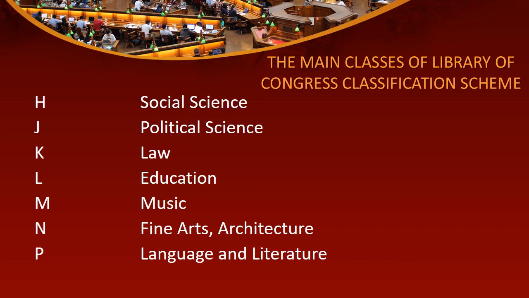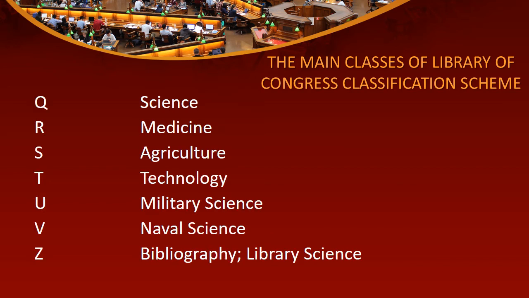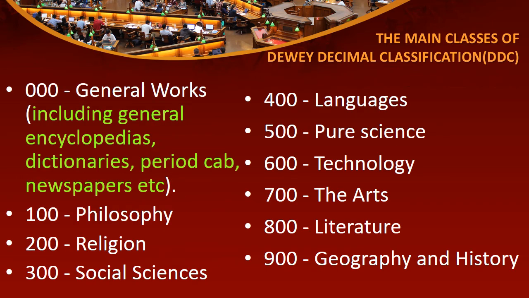J is for political science, K is for law, L for education, M for music, N for fine art and architecture, P for language and literature, Q for science, R for medicine, S for agriculture, T for technology, U for military science, V for naval science, Z for bibliography and library science.